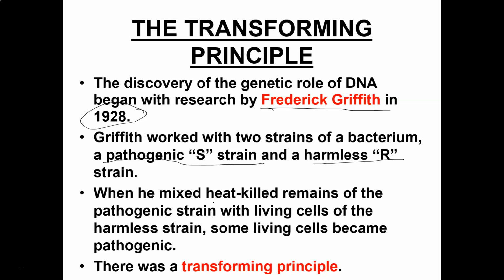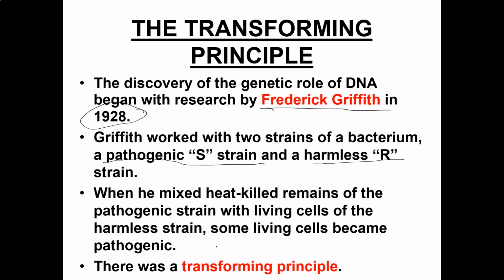What he did was he mixed the pathogenic strain, where he had already heat killed the bacteria, so they were dead, with living rough bacterial cells that are non-pathogenic, and he found that some of those living cells actually became pathogenic.